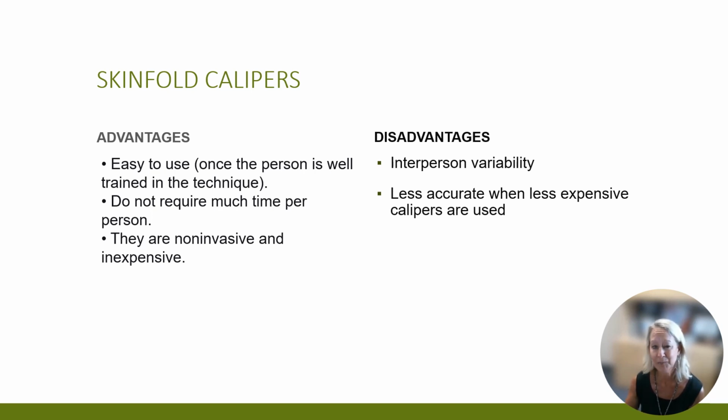And they can be used in various populations and age groups, including athletes, general populations, and children. They're applicable across different fitness and health settings such as sport performance, weight management, and research studies. With practice, they can be performed quickly, taking only a few minutes, and can be repeated easily to obtain multiple measurements for increased accuracy and reliability.